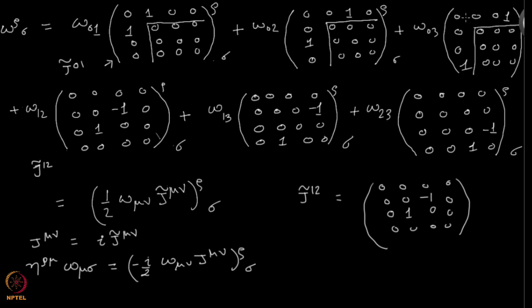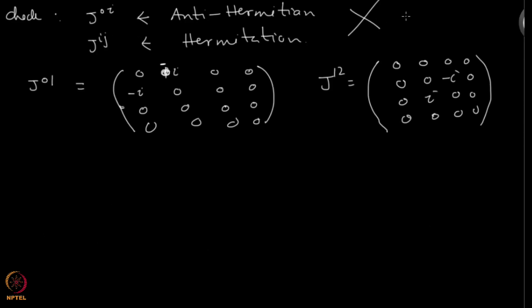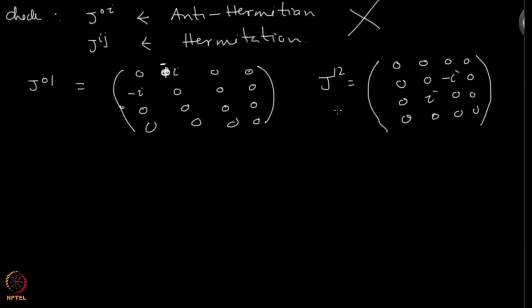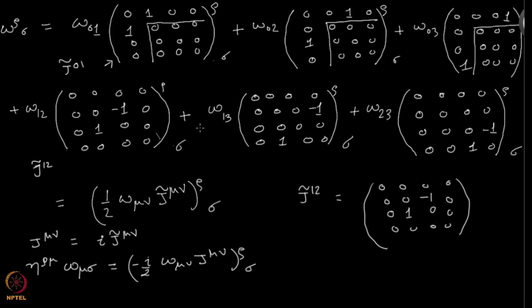So, these are clearly boosts, and similarly, if you put ω_0i to be 0, then we have only rotations. So, suppose you were looking at a Lorentz transformation such that these parameters ω_01, ω_02 and ω_03 were 0, then what you have here is only rotation. Okay. It is just mixing between the spatial components.